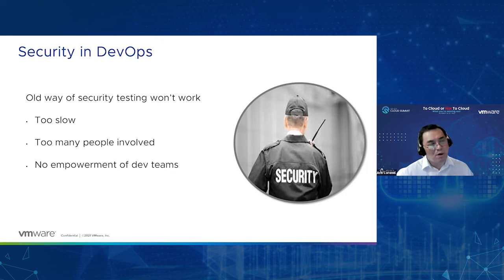And there's no empowerment of the development team, because in a true DevOps world, the development teams need to have the power to be able to run the scan themselves.